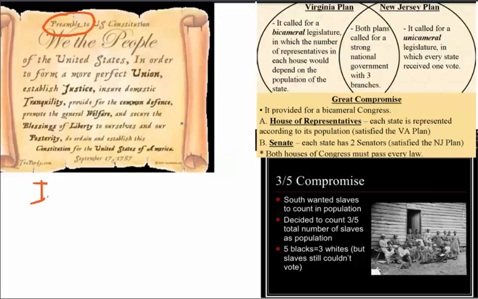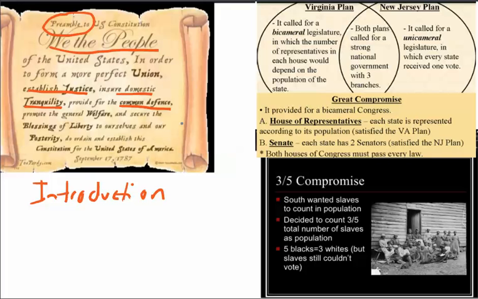In other words, it's the introduction, which lists the goals of this new form of government: establishing justice, ensuring domestic tranquility, meaning peace, providing for the common defense, etc. Okay? And of course, the first three words of the Constitution are "we the people." The people create the Constitution, but not the states.